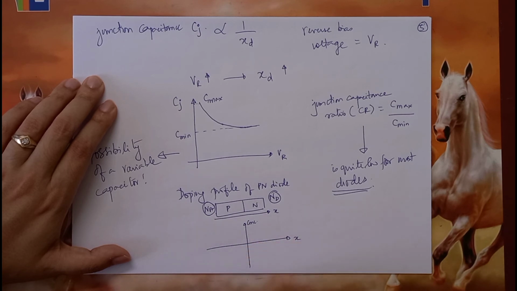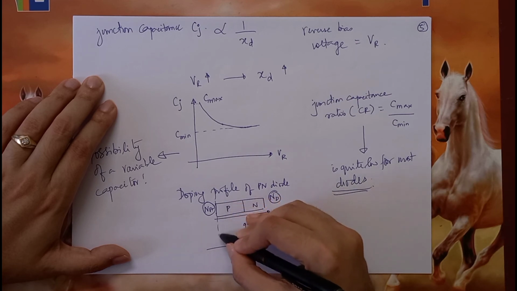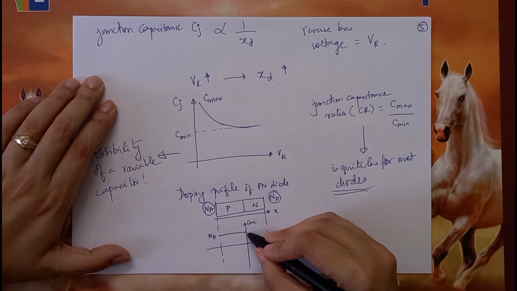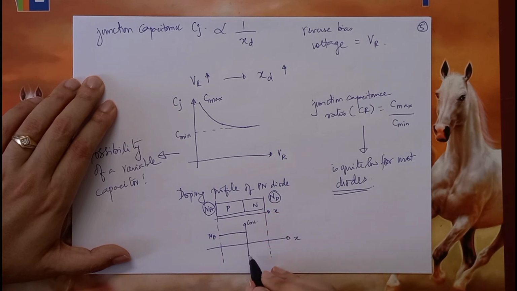What you will see for a normal PN diode is that for this entire distance, the doping concentration for the whole length is kept at a constant Na. Now the moment it touches the junction, the concentration changes and it becomes Nd.